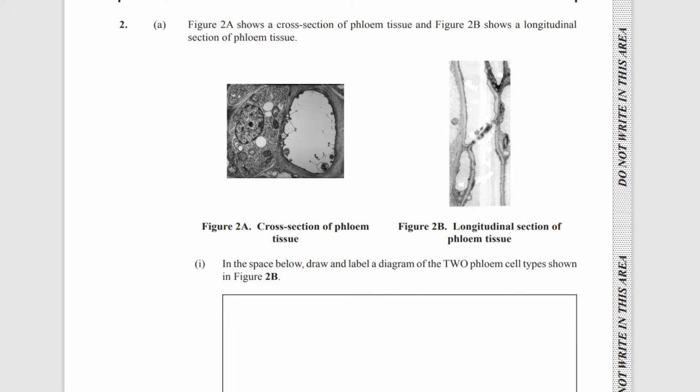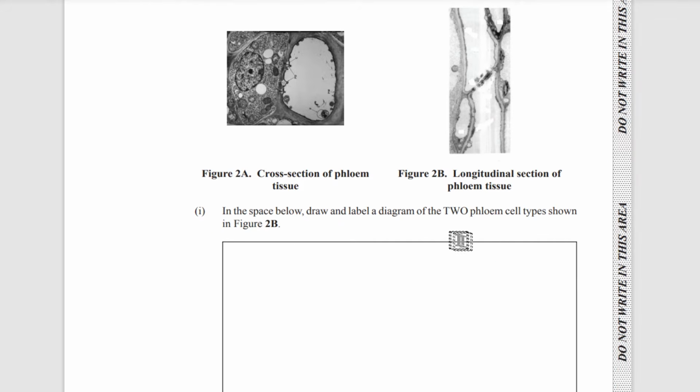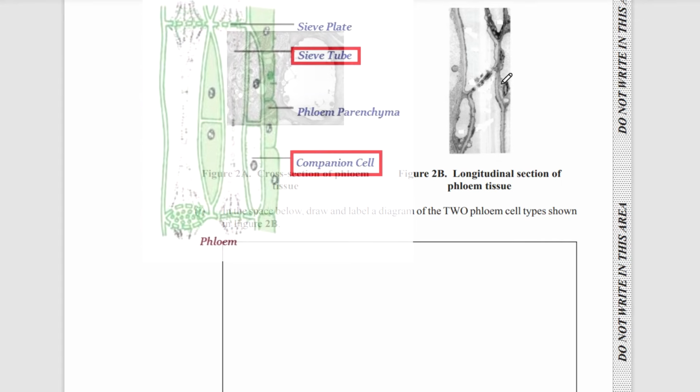Alright, so figure 2a shows a cross section of phloem tissue, and 2b shows a longitudinal section of phloem tissue. The question asks to draw and label a diagram of the 2 phloem cell types shown in figure 2b. So the 2 cell types, and I'll put up a better diagram of it just now, are what is seen here.